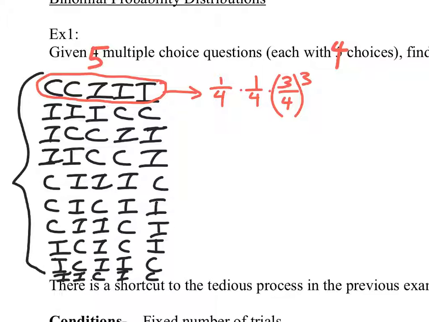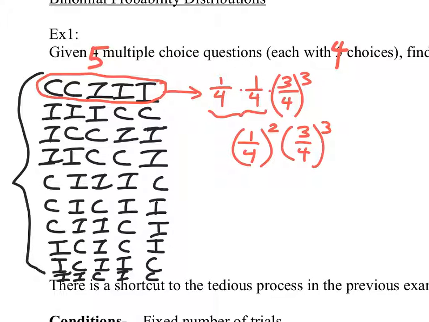Ultimately, if you look at each of the possibilities, you could see it has the same ingredients: the same number of correct, the same number of incorrect. So this ends up being 1/4 to the second power, 3/4 to the third power.